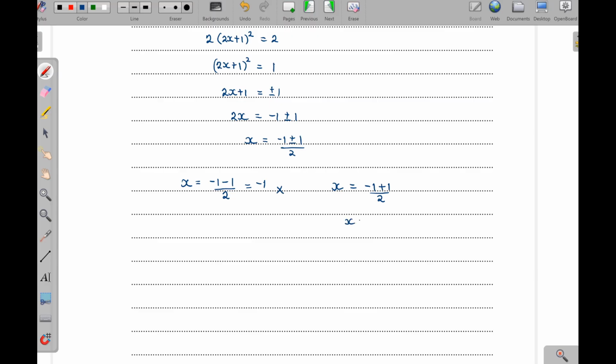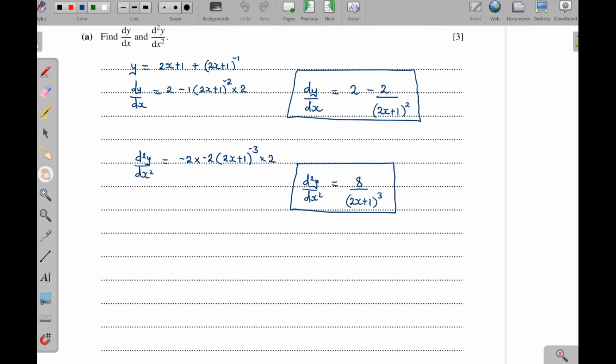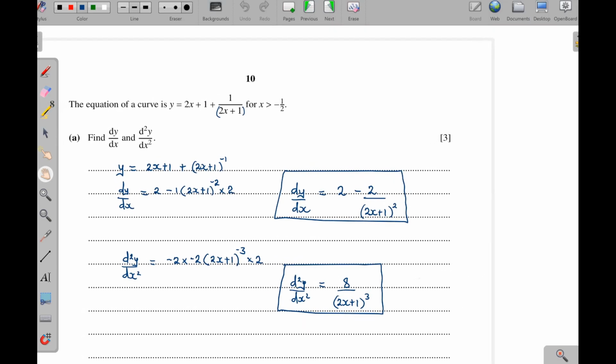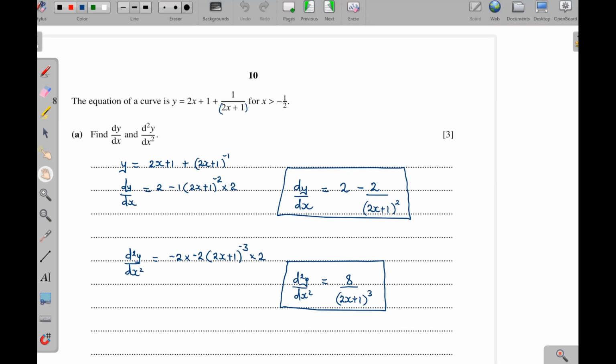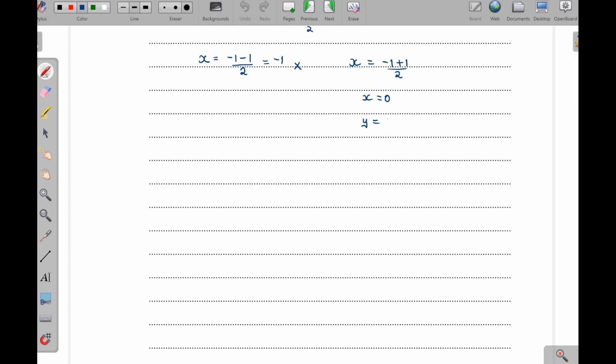So this x is going to be 0. Then what will be the value of y? You go back here and substitute in here. So we get 2x plus 1, then plus 1 over (2x plus 1). So 2, then the x is 0, then plus 1, then plus 1 over (2x plus 1).